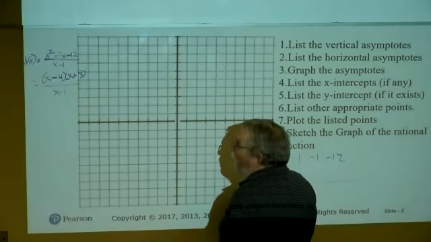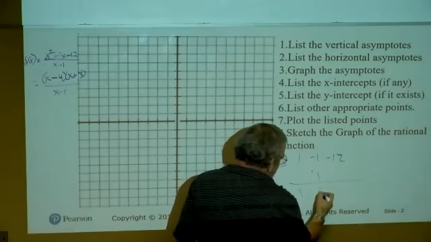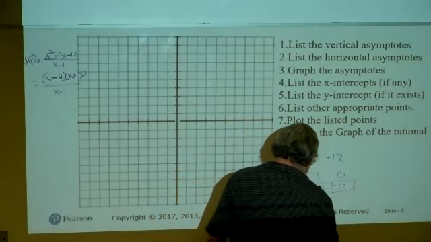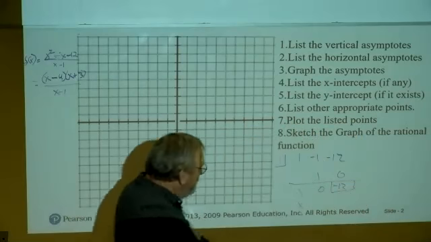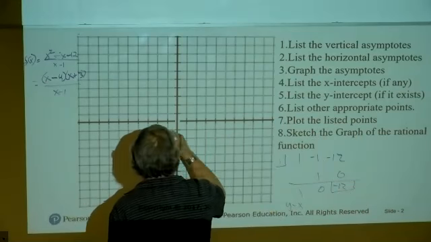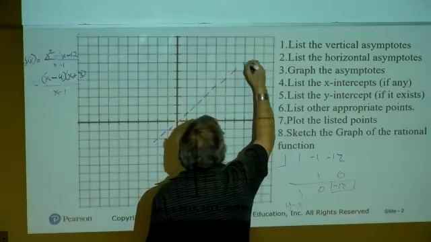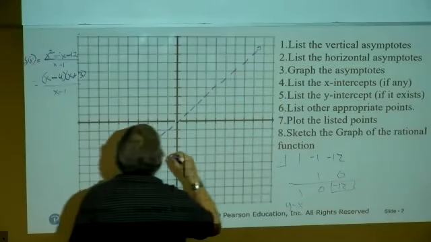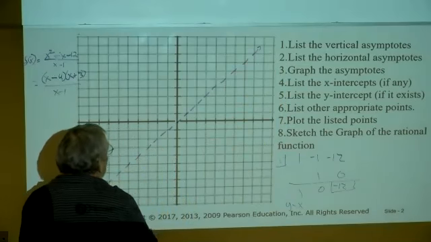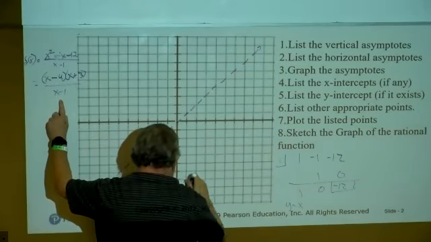And then that gives me a 0 here, and that gives me a -12 here. So y equals x, the identity, is the slant asymptote. And x equals 1 is still our vertical asymptote.